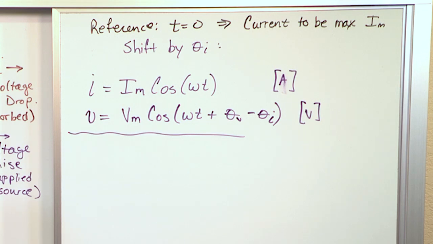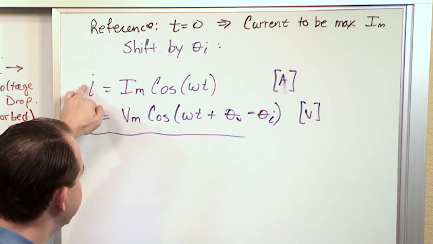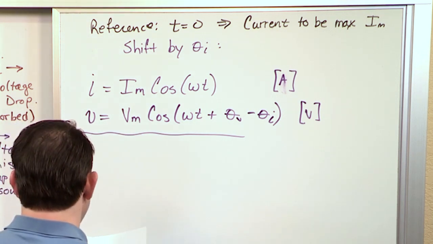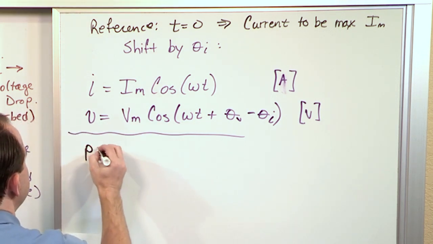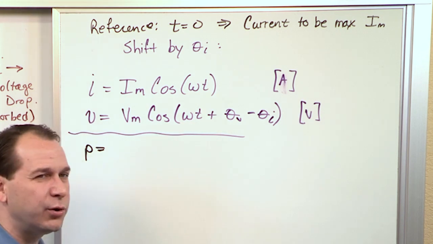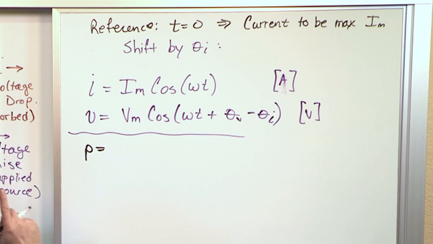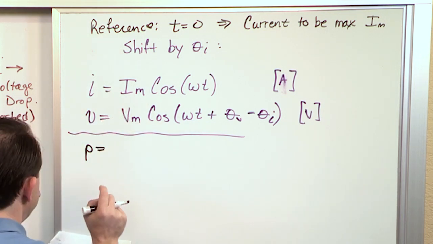Now, if you go back and remember, power, any kind of power, instantaneous power as we're going to start calling it, is V times I. Now we know what V is and what I is, so we're going to write that down. The power, little p, and the reason I keep saying little p is that later on we're going to have capital P. So little p is instantaneous power. It's the voltage times the current at any moment in time.